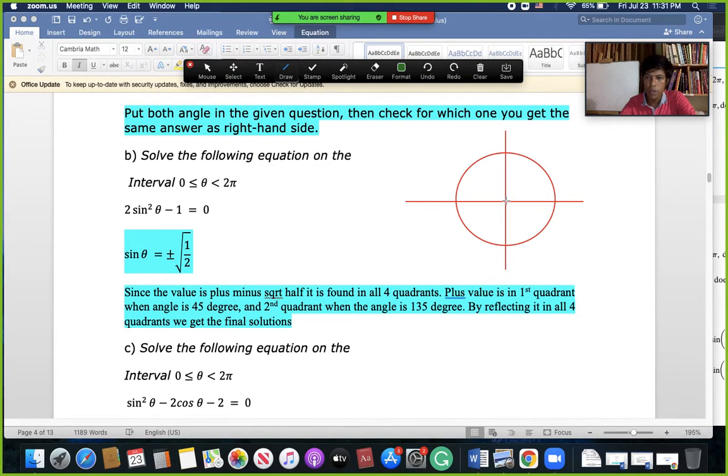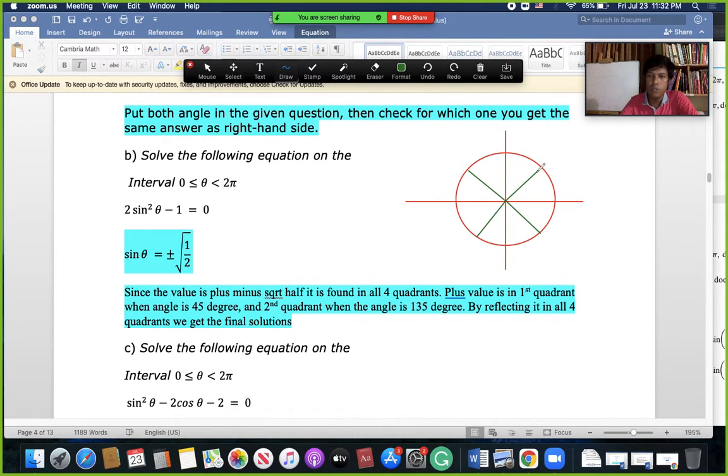So we will have 45 degrees here, then another solution is here. Since we have plus minus, in every box you will have a solution. So another solution is here, another solution is here. Everywhere you will have a solution.